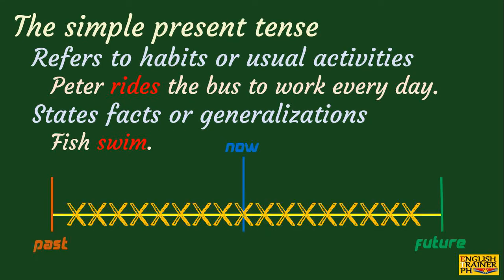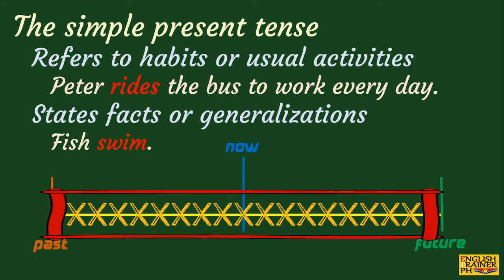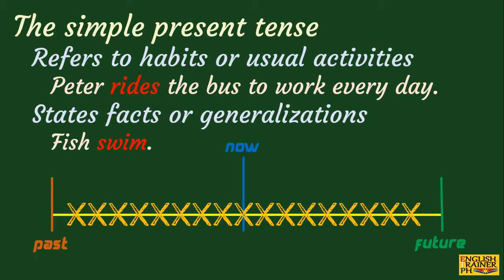If we take a look at our timeline, the blue one in the middle is for now, the brown one on the left side is for the past, and the green one on the right side is for the future. The X's indicate a point in time when the activity happened. And as you can see, it is filled with X's from the past to the future because these things will not really change.